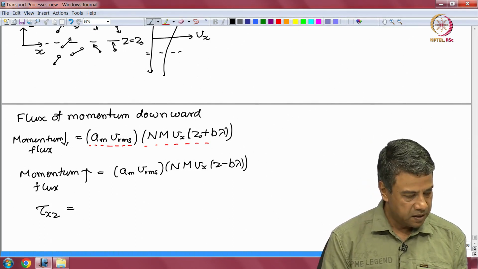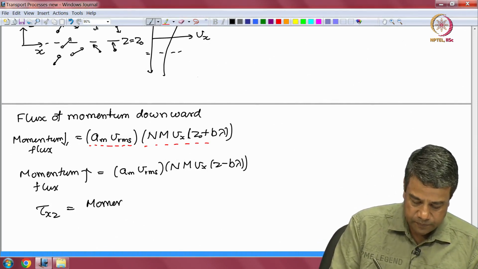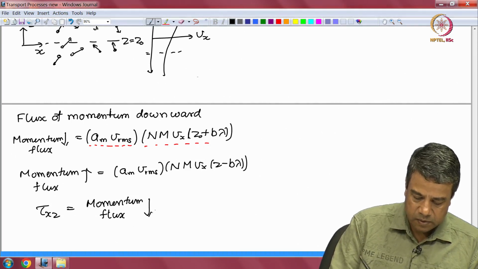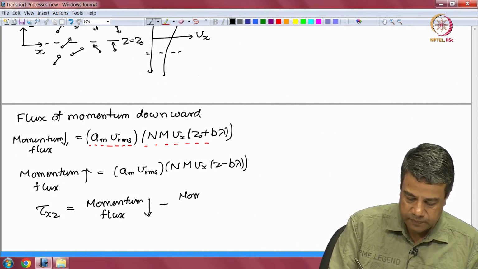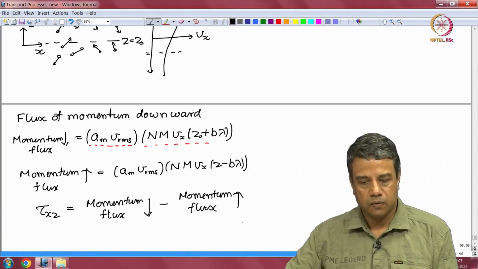The shear stress is equal to momentum flux downwards minus momentum flux upwards. Why is that?